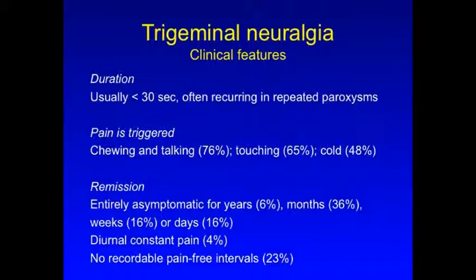You see here, patients who are entirely asymptomatic for years are only 6%, for months 36%, for weeks 16%, and for days 16%. Some patients have diurnal constant pain, for example during the night, and 23% can have no recordable pain-free intervals, which is unfortunate, and it's pretty high.